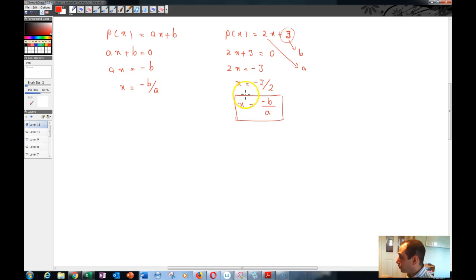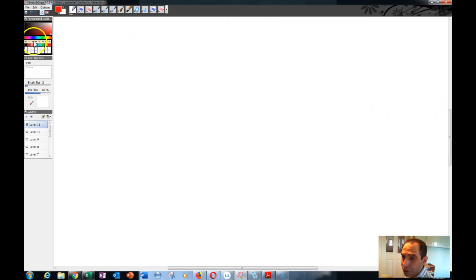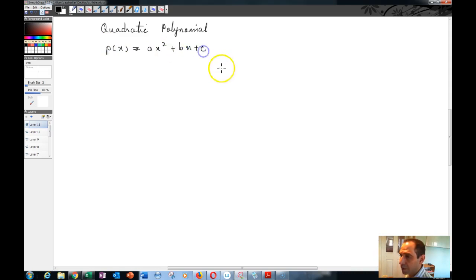Now, if you want to do the same thing for a quadratic polynomial, there is still some sort of relationship there as well. For a quadratic polynomial, basically you have p of x is equal to ax squared plus bx plus c.